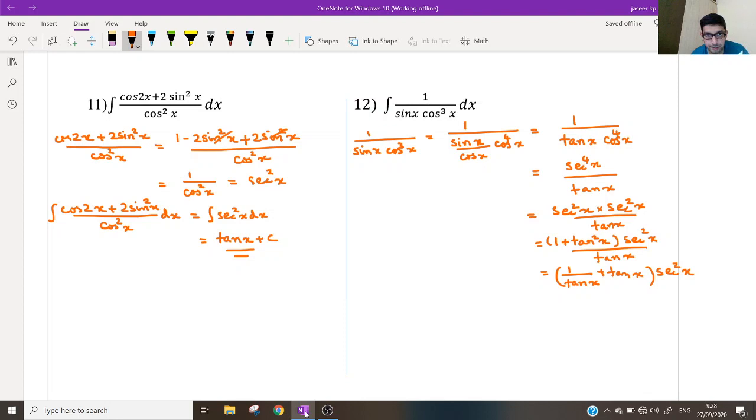So now you can integrate this. Integral 1 by sin x cos cube x dx is nothing but integral 1 by tan x plus tan x, into secant square x dx.